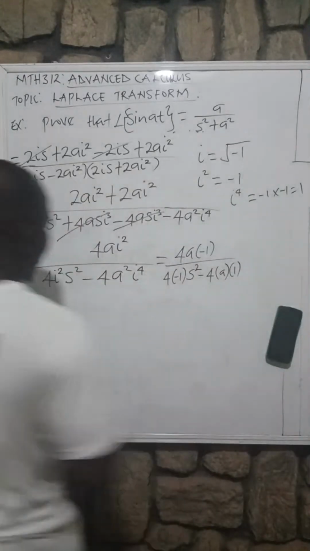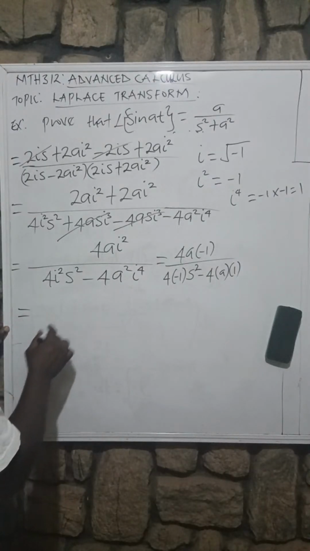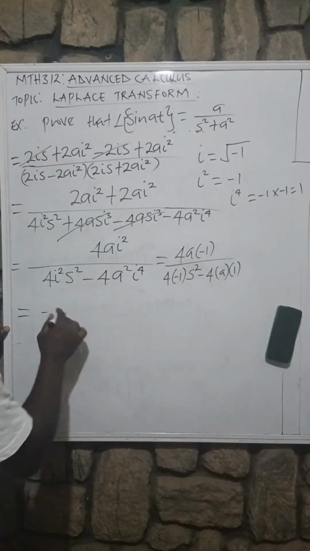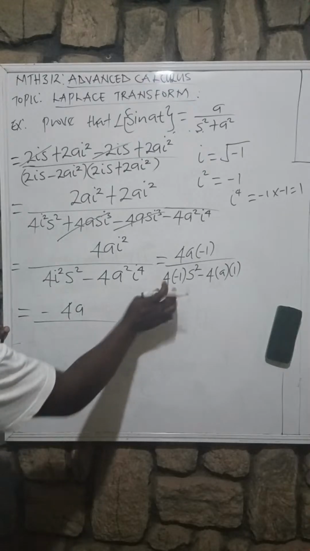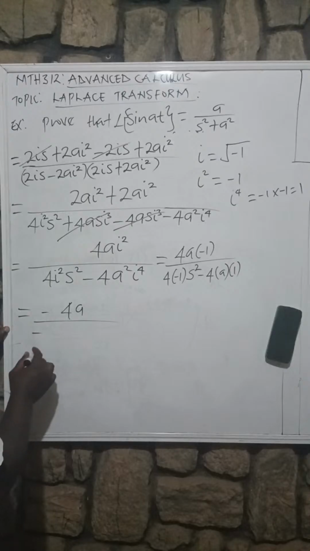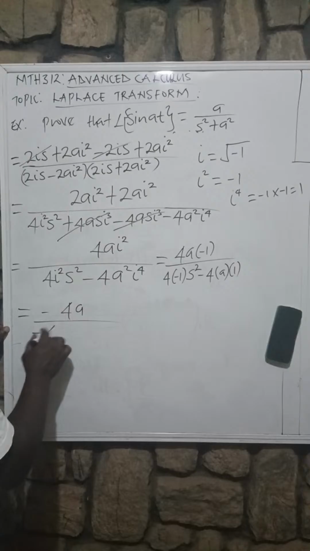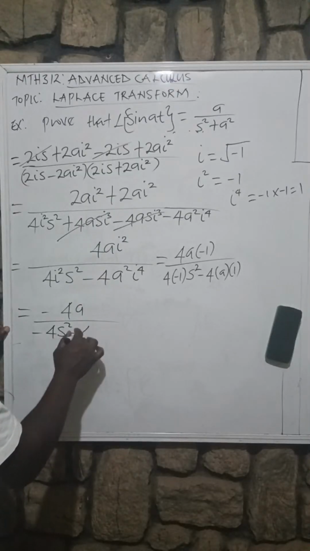So this is equal to this times this minus 4a all over. Here will be minus 4s squared, then minus 4.